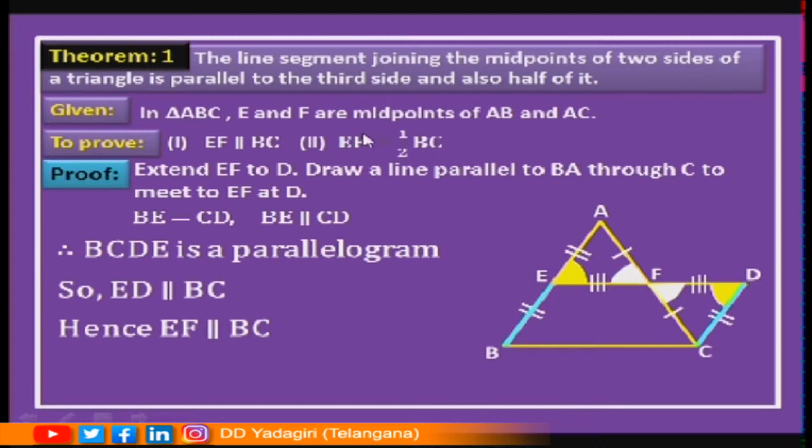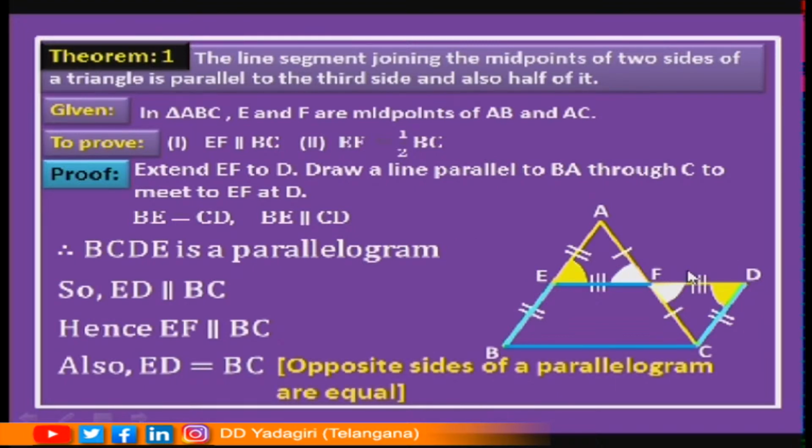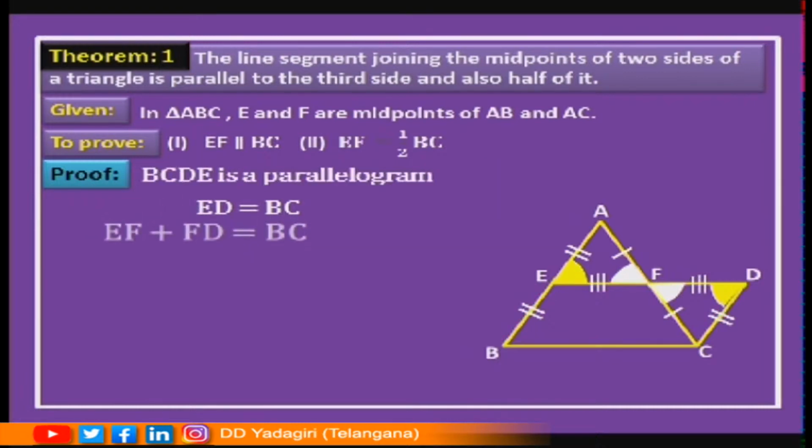Now, we have to prove the second part, that is EF is half of BC. So, for that we will consider ED equal to BC. So, where is ED children? This one, ED and BC. Now, why are these two equal? Because they are opposite sides of a parallelogram. Now, this total distance ED is equal to EF plus FD, and that is equal to BC.